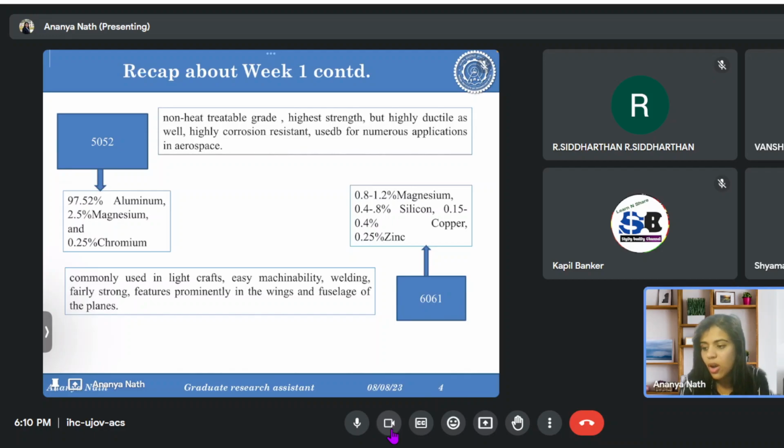Always remember, all types of alloying elements are present inside all the aluminum alloys, the more commonly used ones like magnesium, chromium, copper, silicon, manganese, zinc, but it's about what percentage they are used. According to that, these classifications of the 1000 series are made.